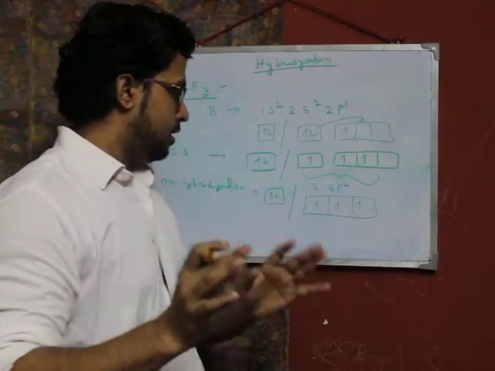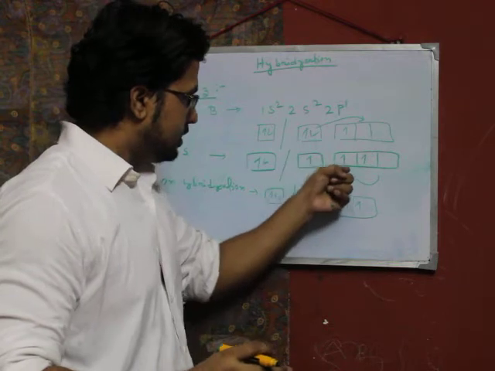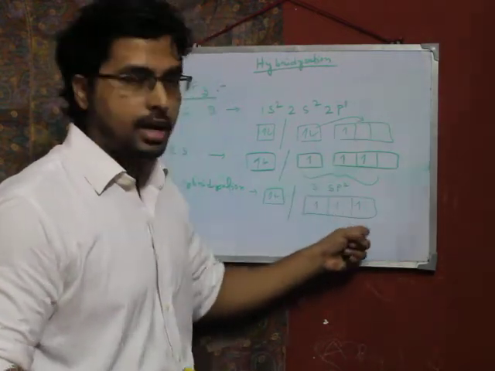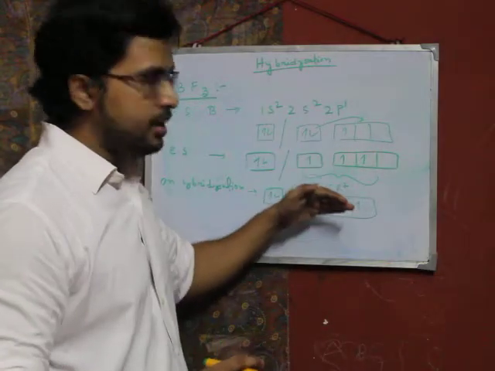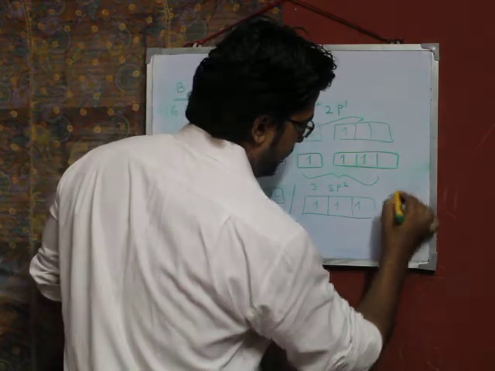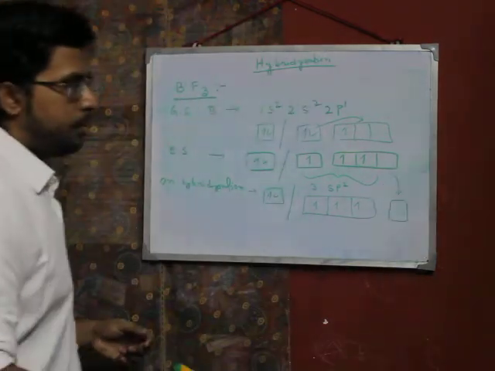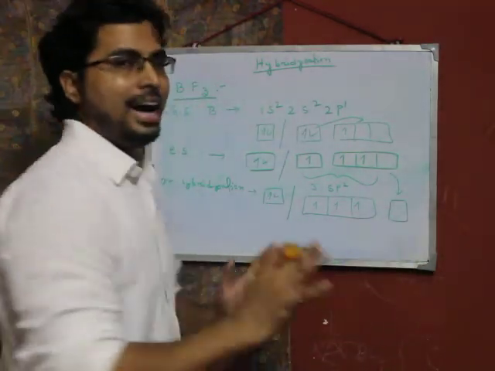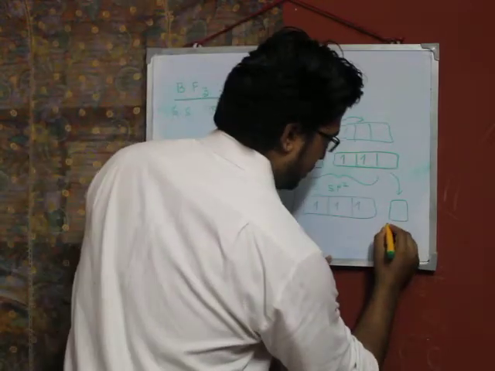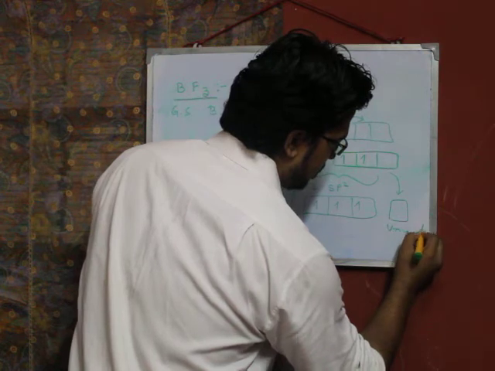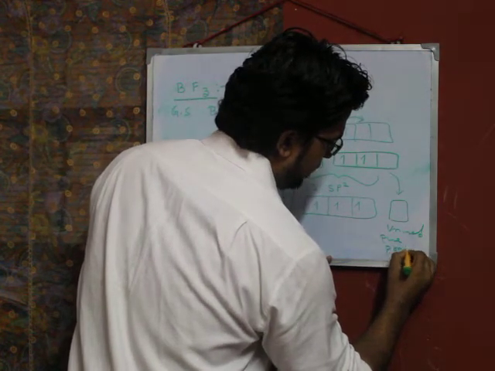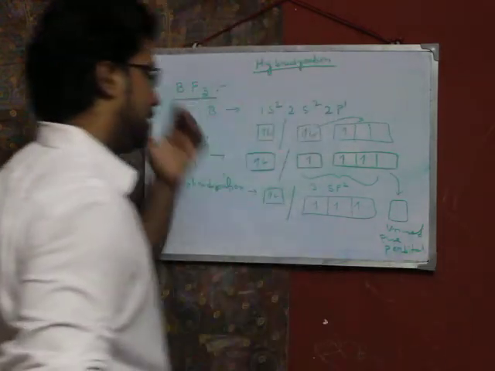One thing to remember is that these are pure orbitals and these three are hybrid orbitals, and they are totally different from each other. And this orbital remains unused. This is an unused pure p orbital, right?